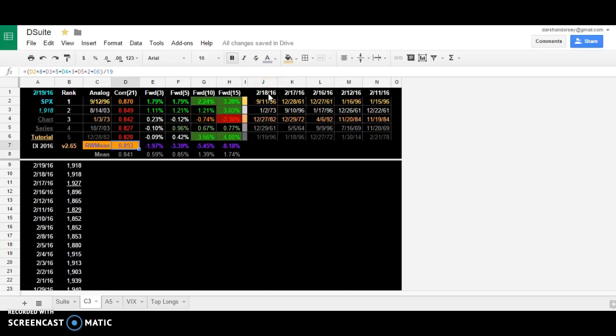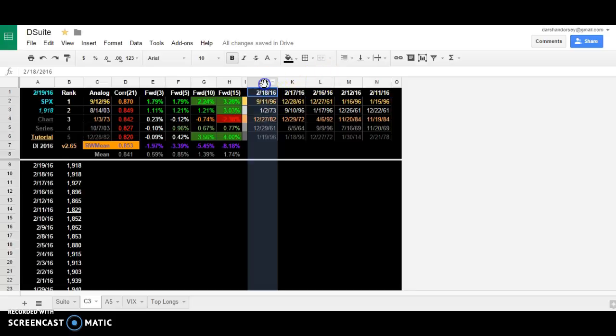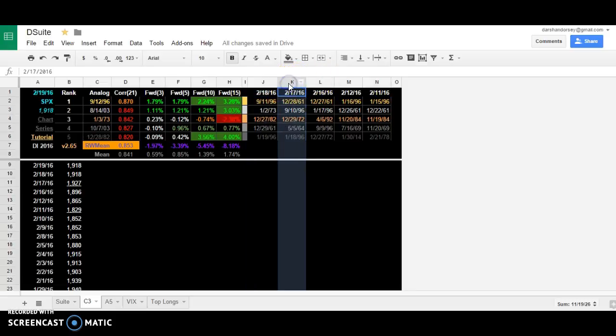We also have our past top 5 caching here. This would be the caching for 218, the last trading day before the current trading day, 217, 216, 212, and 211. So basically, for the last 5 trading days, what were the top 5 historical analogs?